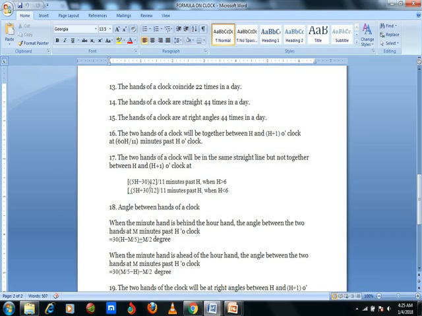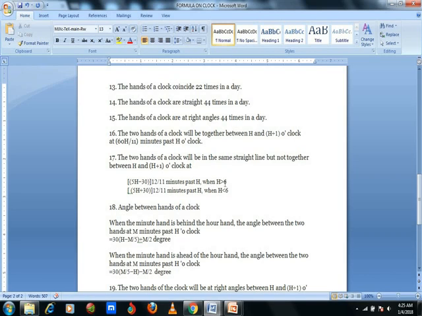Which contains a formula like (5h minus 30) into 12 divided by 11.